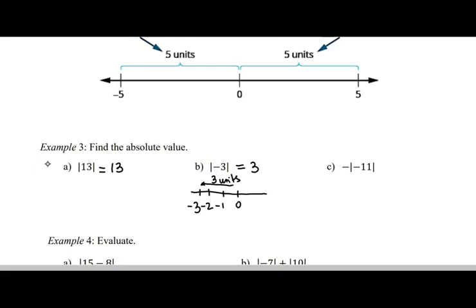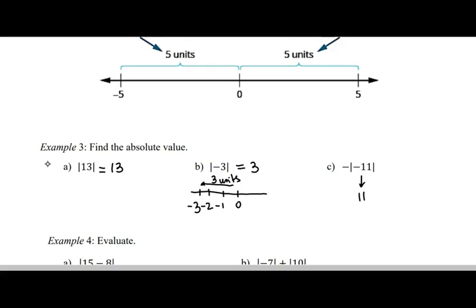Okay. So part C is a little bit tricky. What we have is the double negative here, so first we're going to evaluate the absolute value of negative 11, and then we will apply the second negative sign to it. The absolute value of negative 11 is 11 units away from the zero, so it is 11.